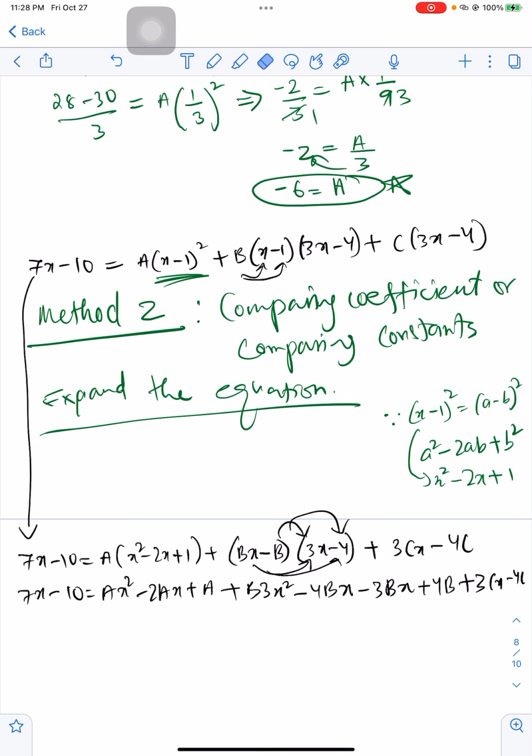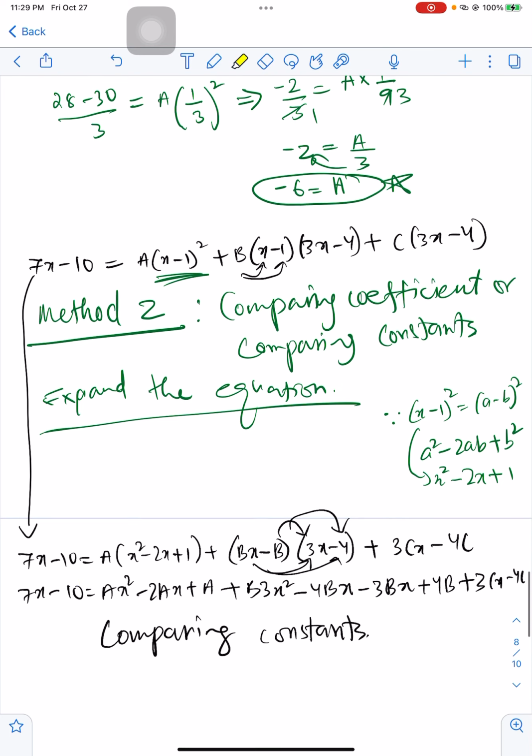So now comparing constants. So the constants are negative 10, a, 4b and negative 4c. So you have negative 10 equals a plus 4b minus 4c.